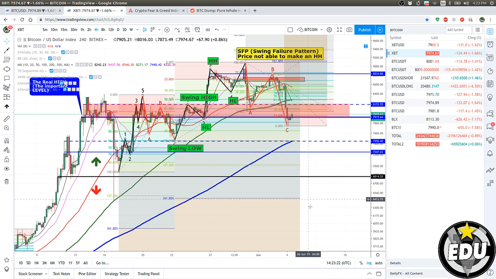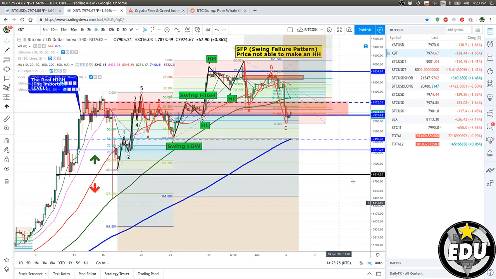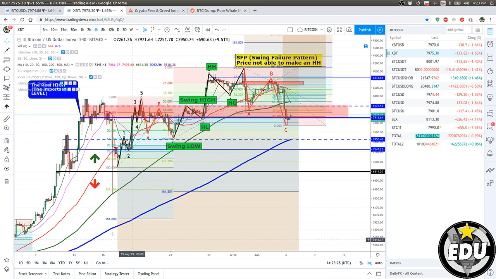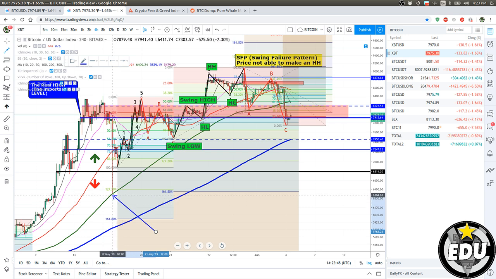What else? Look at this. Those are things I notice when I look at them. Look at this moving average 200 on the 4-hour time frame, coming close. Let's see where it might hit. 7.4, 7.2. Yeah, the 100 worked here. Look how the 100 worked. Pretty close.